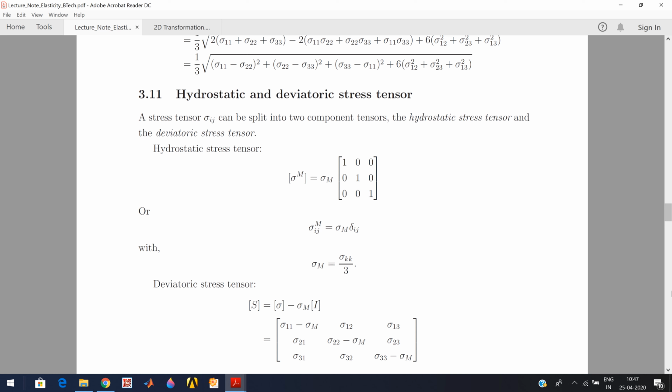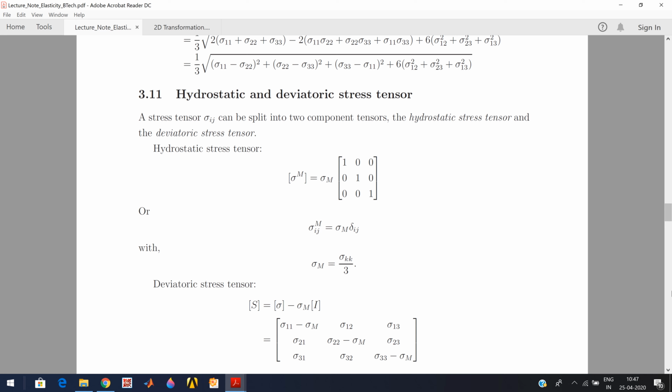So you can think of a small cuboid placed inside water. Then the small cuboid will have the same pressure from all directions. So that means it will have the same stress values.